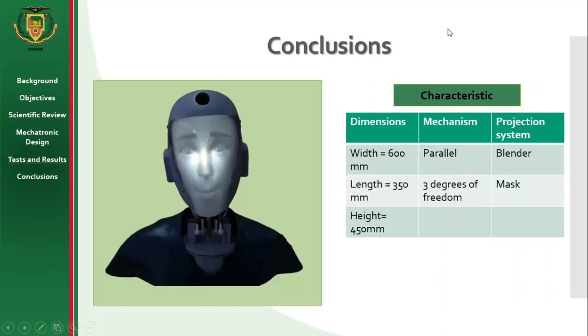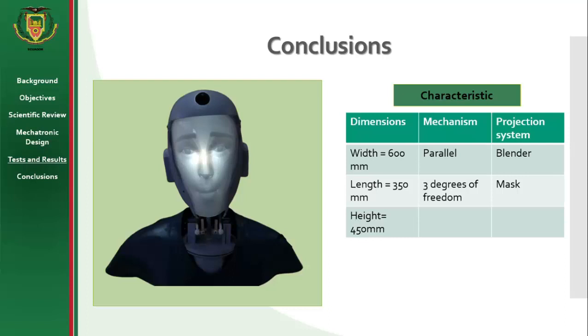The main theme of the document is the design and construction of Kylie, an anthropomorphic head with gestural projection. It has a parallel mechanism of 3 degrees of freedom that allows it to simulate the movement of a human neck, a gesture projection system, and sensors for emulation of the sense of sight and hearing.